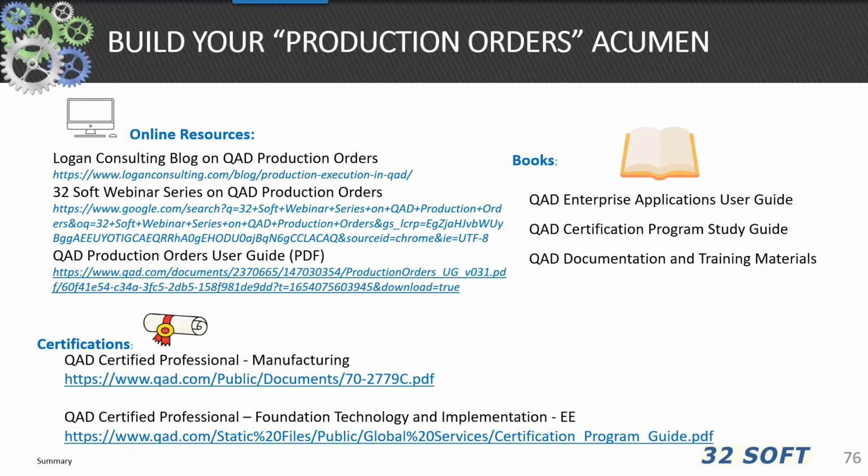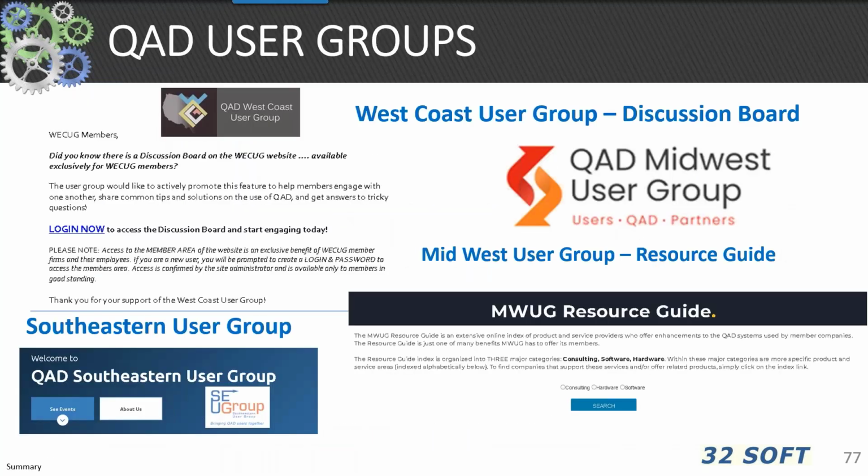There's a lot of information that you need to start to learn with production orders. You're going to want to build your production acumen. There are lots of resources out there, online resources. There are certification books. The user groups for West Coast, Midwest, and Southeast have excellent discussion groups and resource boards.